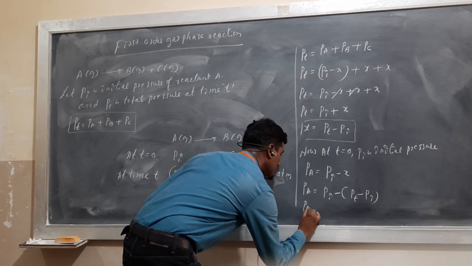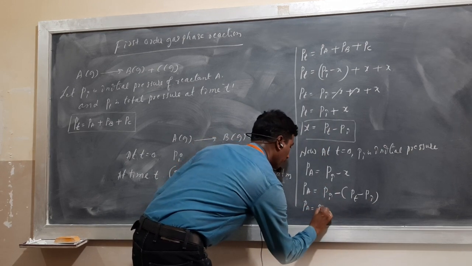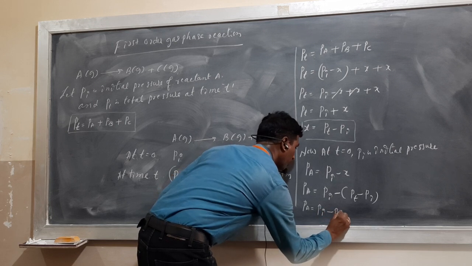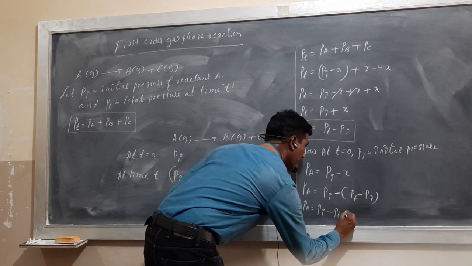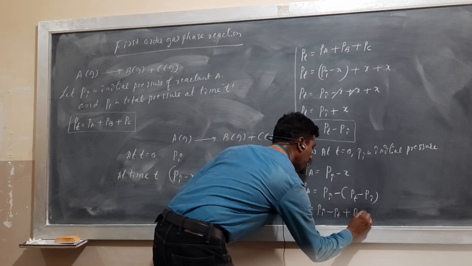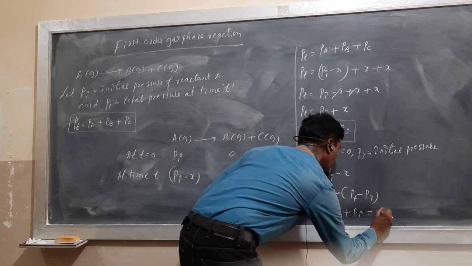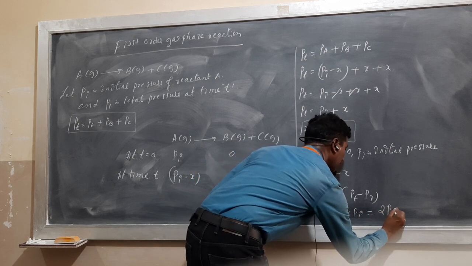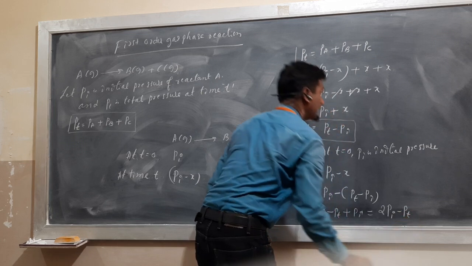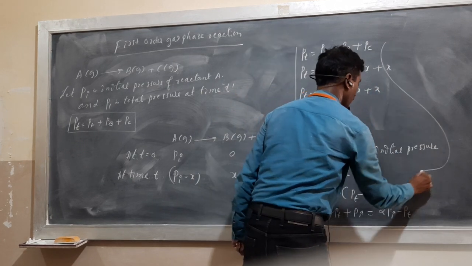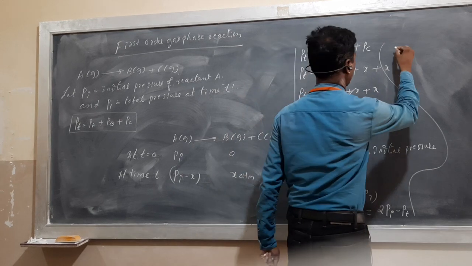So PA is equal to Pi minus PT, minus into minus plus Pi. It is nothing but 2 Pi minus PT.